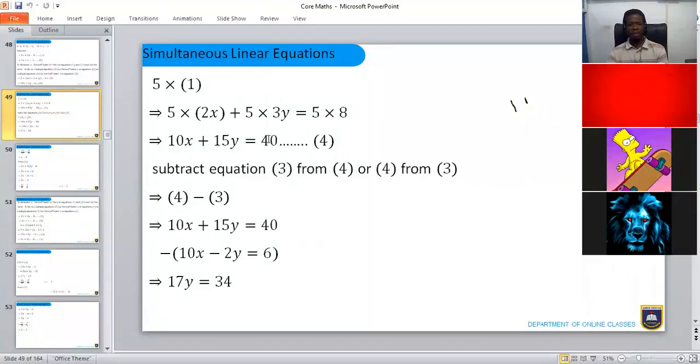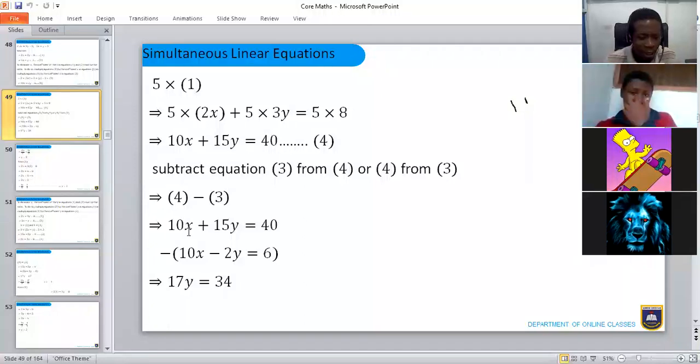And you could see that now the coefficient of x in equation 4 and 3 are the same. They are now 10, 10. So from this point, we can eliminate x.